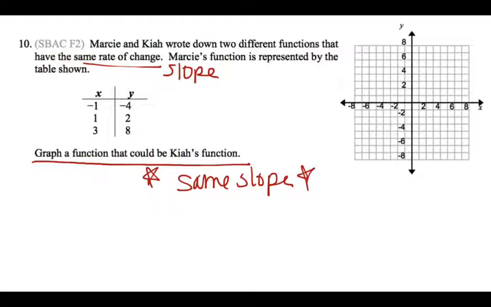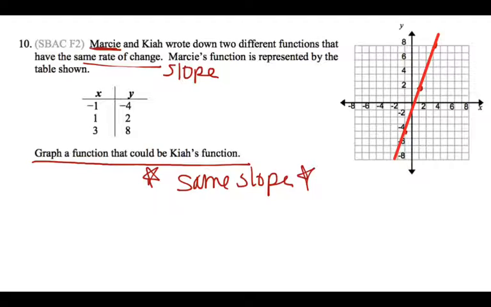That's our goal. So if I look at Marcy's, I'm going to do Marcy's in red. I'm going to plot Marcy's points and draw a line. Now I'm going to try to figure out a line for Kaya.